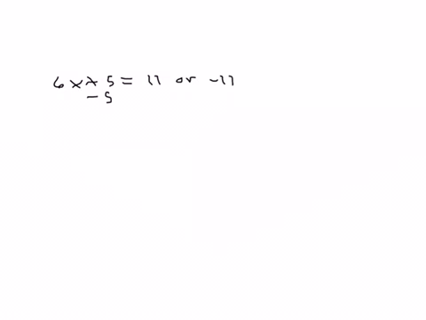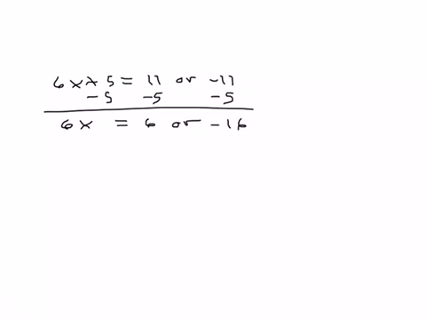I'm going to subtract 5 from all my terms. I get 6x equals 6 or negative 16. Dividing by 6, I get x equals 1 or negative 16/6, which is negative 8/3. Boom, we just took a hard one and we solved it.